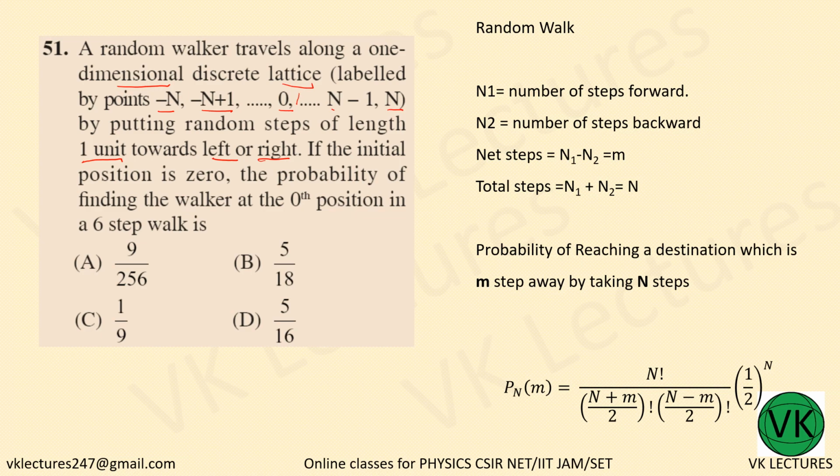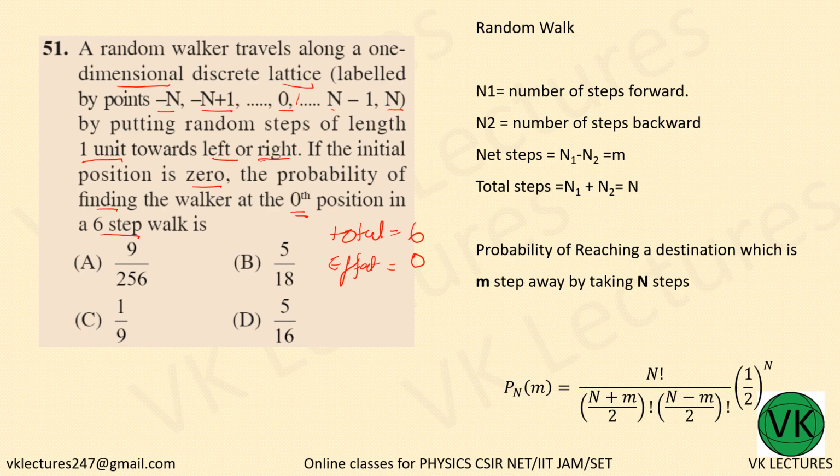If the initial position is 0, then the probability of finding the walker at the 0th position in the 6th step is, that means the total number of steps he is taking is 6, and the probability of finding the walker at the 0th position means the effective step is 0.